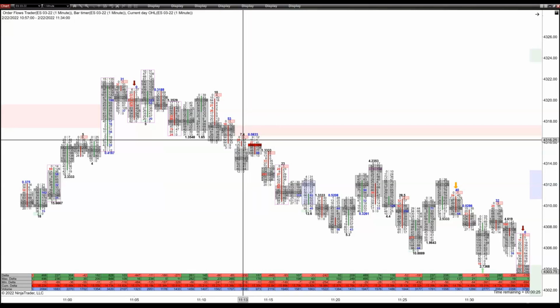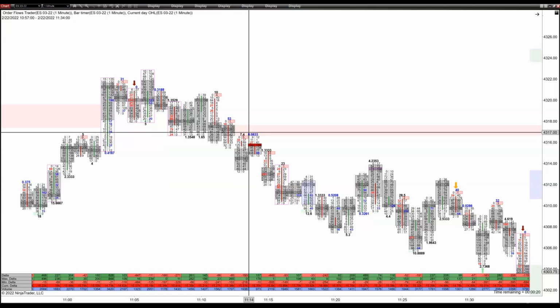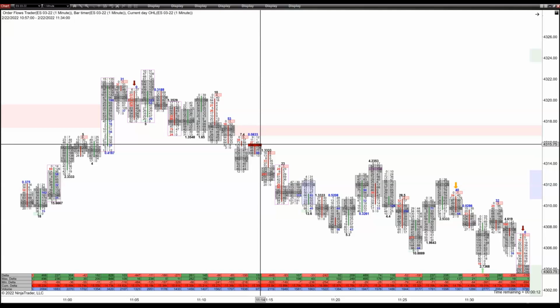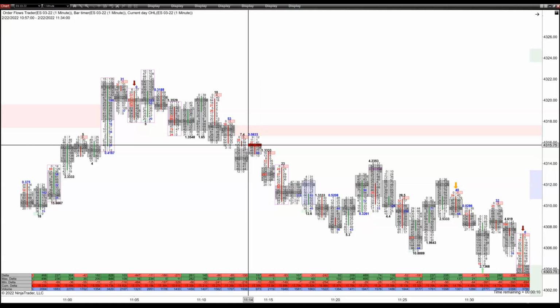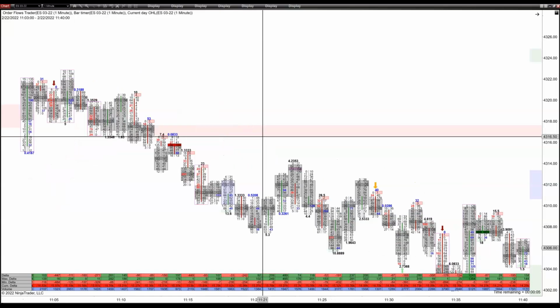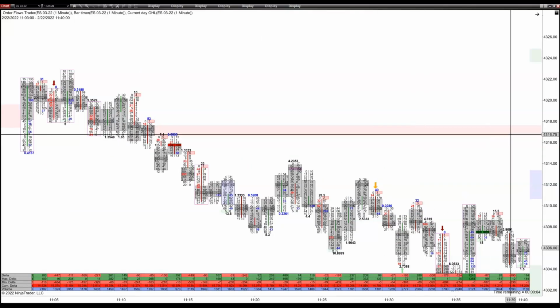What do you have? You have that exhaustion print there, the 5, right? Okay, doesn't even get back into that zone. Next bar, same level, right below it by a tick. Then you got the bearish slingshot, right? So you have this area up in here. You don't have to sit there and wait for one later in the day if it comes back to it.